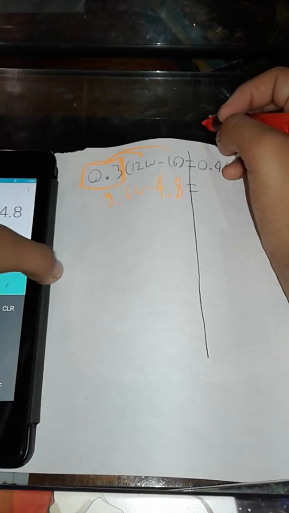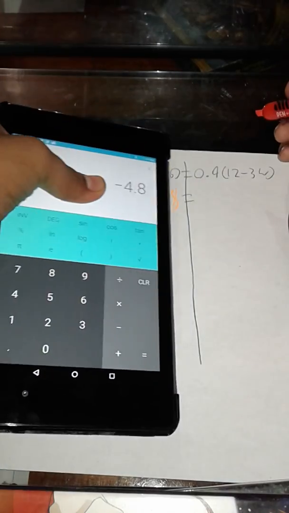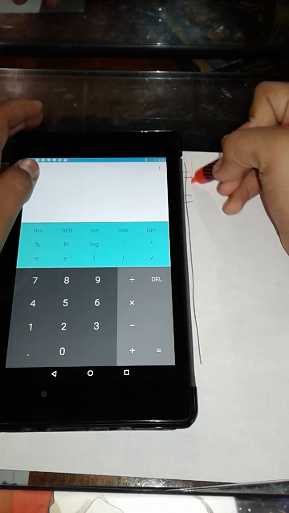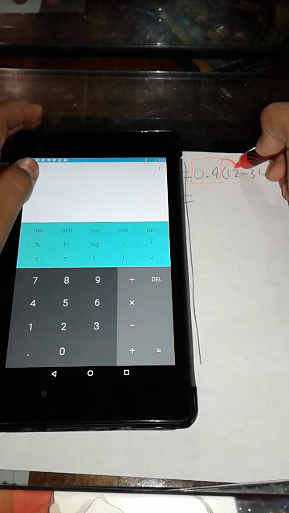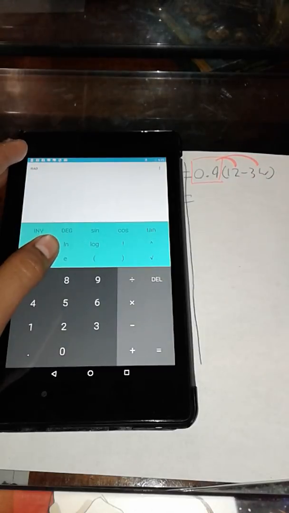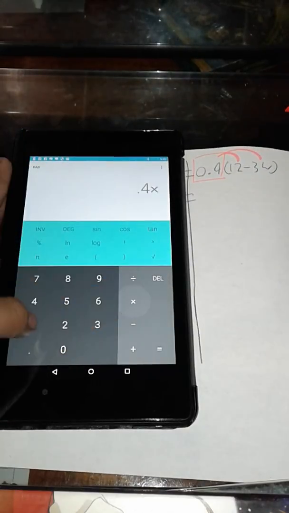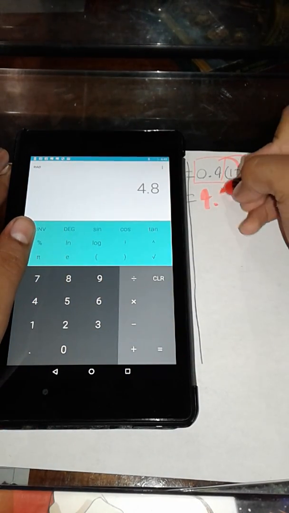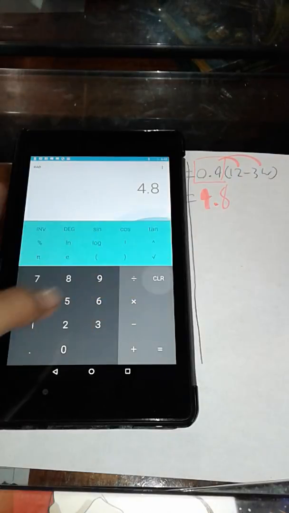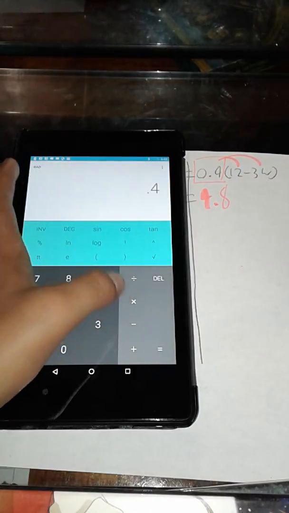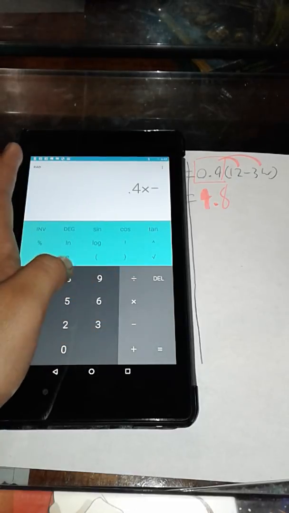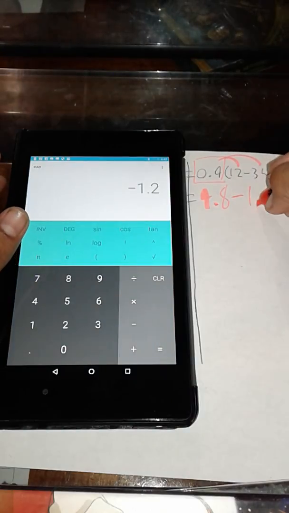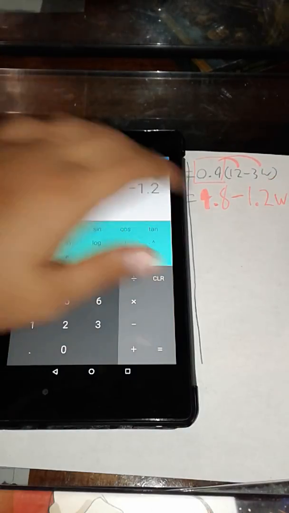I'm going to move on to the next side because we already finished distributing here. So now we distribute 0.4 to 12 and negative 3w. 0.4 times 12 is 4.8, and 0.4 times negative 3w equals negative 1.2w.